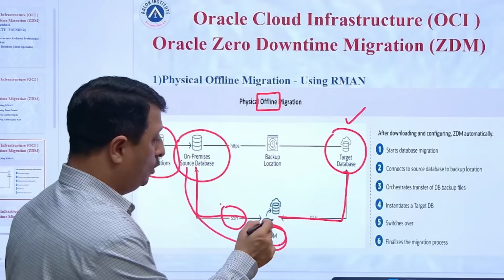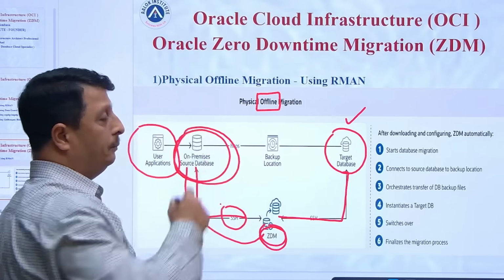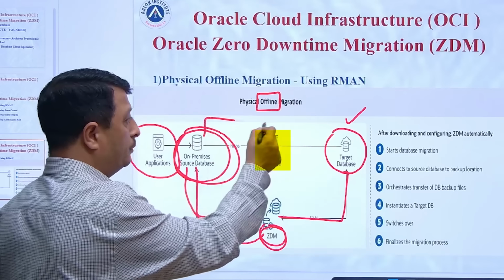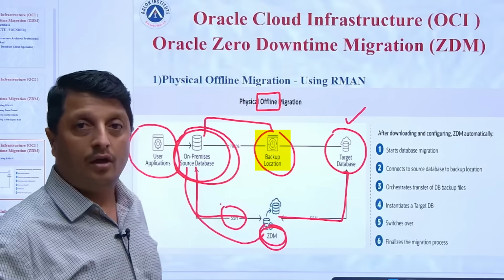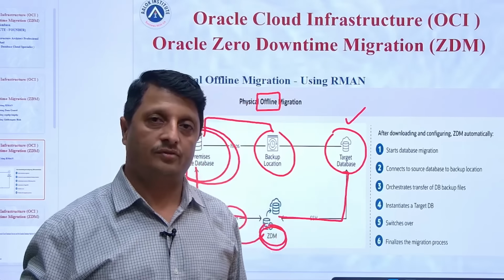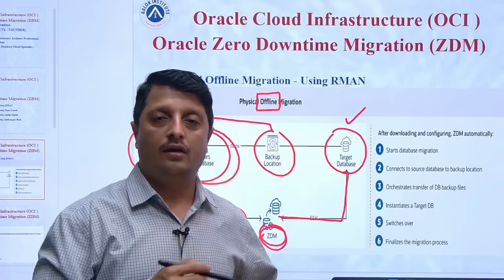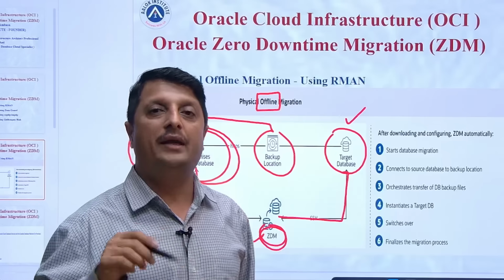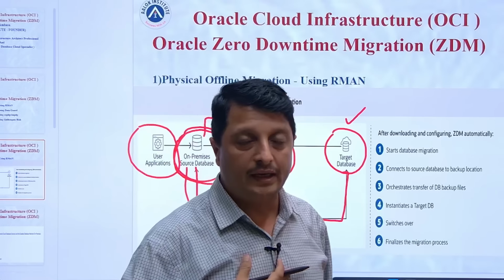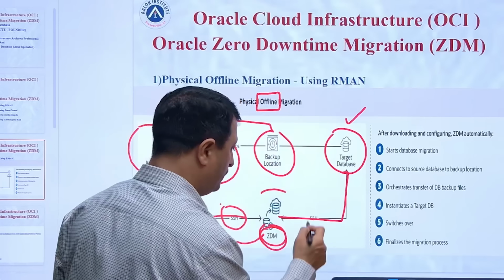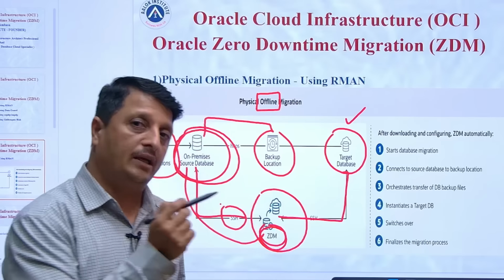Again, you need to take a backup of the source database and push my backup to the Oracle object storage, where we will be keeping our backup. But I am not taking the backup right now; rather, everything will be taken care of by my ZDM.